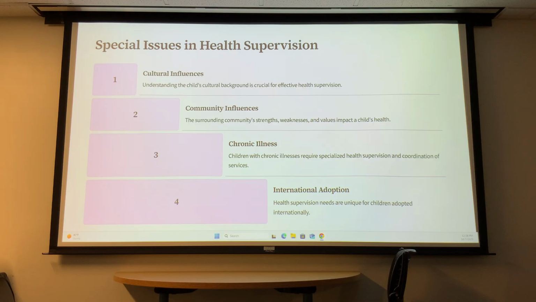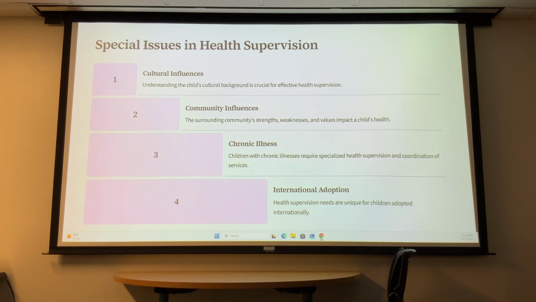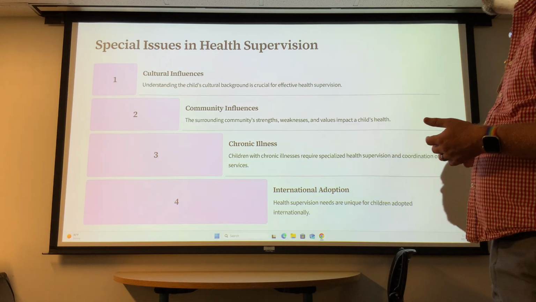So if there are parks and healthy community areas for them to get out and be active, in general, we're going to see that they're healthier than areas that don't have those things. Okay. Chronic illnesses.